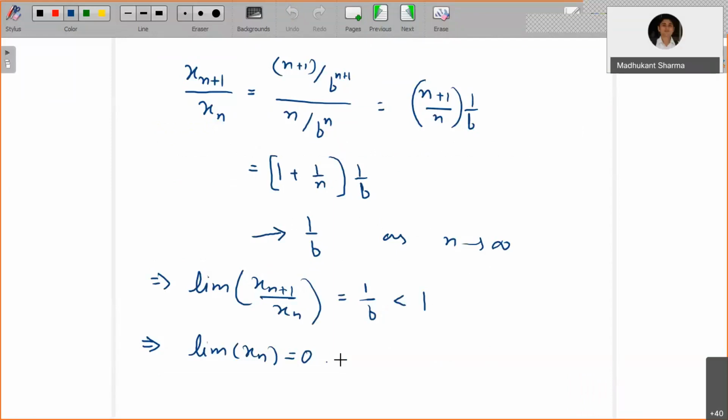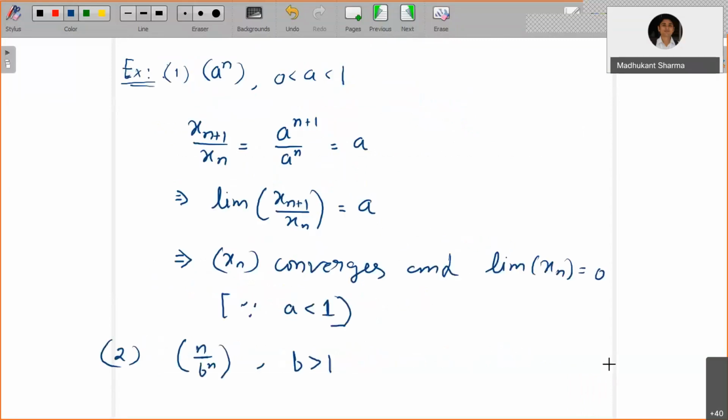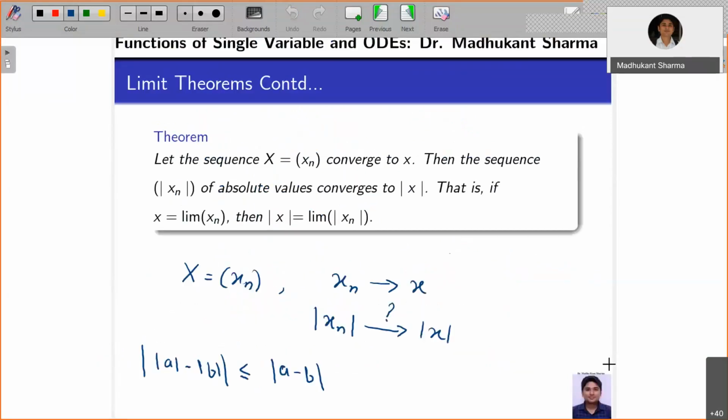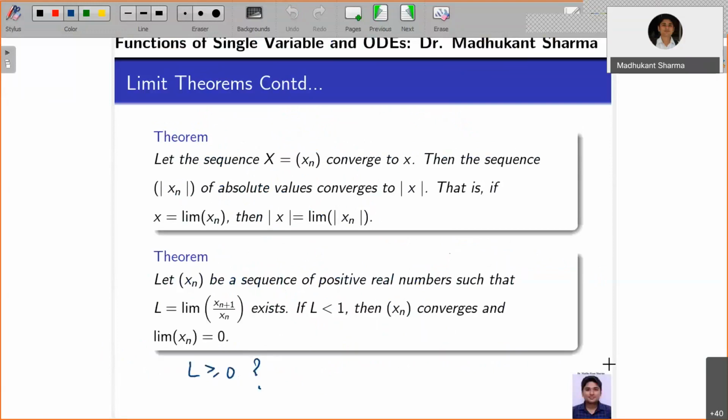Yeah, this is due to the result which we have learned, the theorem we called 1, 2, 3. So previous results 1, 2, 3. Let's say this is 4 and this is 5.